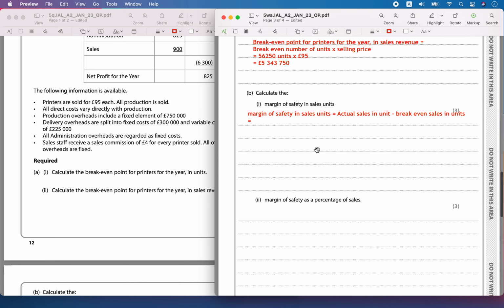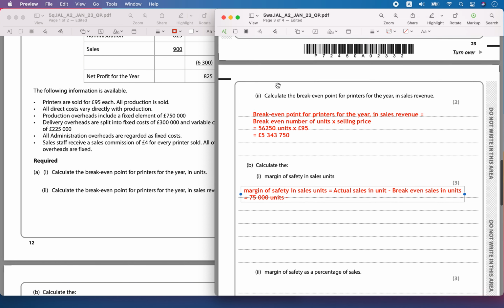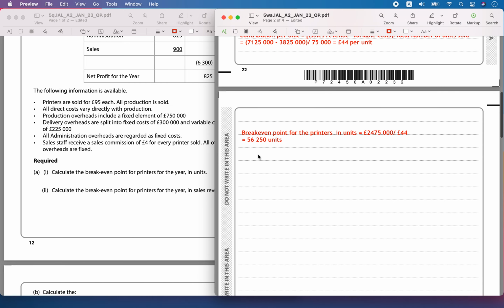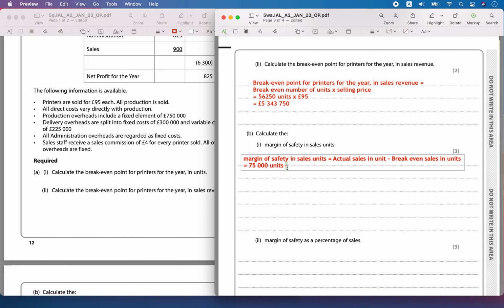Actually I was able to produce 75,000 units, which we had calculated because they had given a sales revenue. So 75,000 units were the actual units produced, but the break-even number of units, which you had calculated, where there is no profit and loss, is 56250 units.